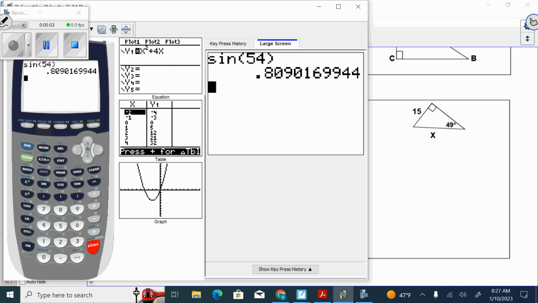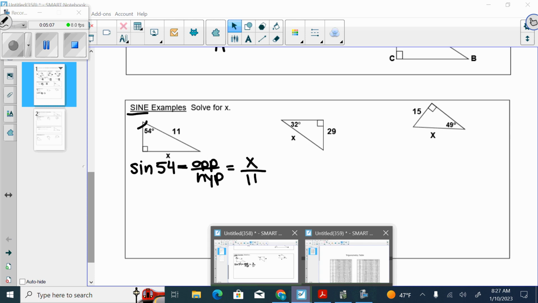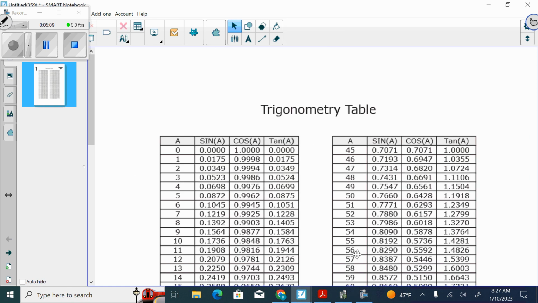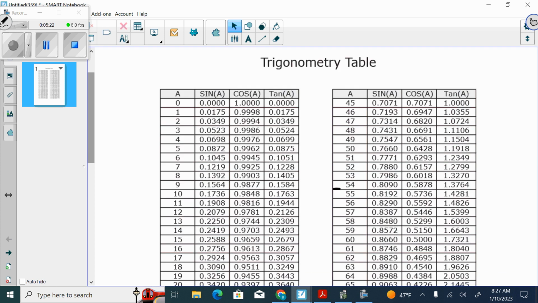However, I also gave you a trig table to pick up when you walked in. So, if you look at your trig table, it has the value for the degrees converted to decimals on this table for you, okay? So, if I'm looking for sine of 54, here is 54, right? And I look at where that meets the sine column.